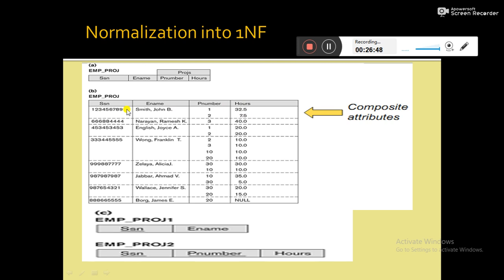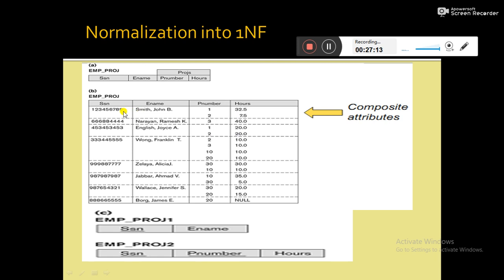So we have to convert that relation into 1NF. We have to remove the multi-valued attributes from the original relation: P number and hours. You have to place these two multi-valued attributes into a separate relation along with the primary key.